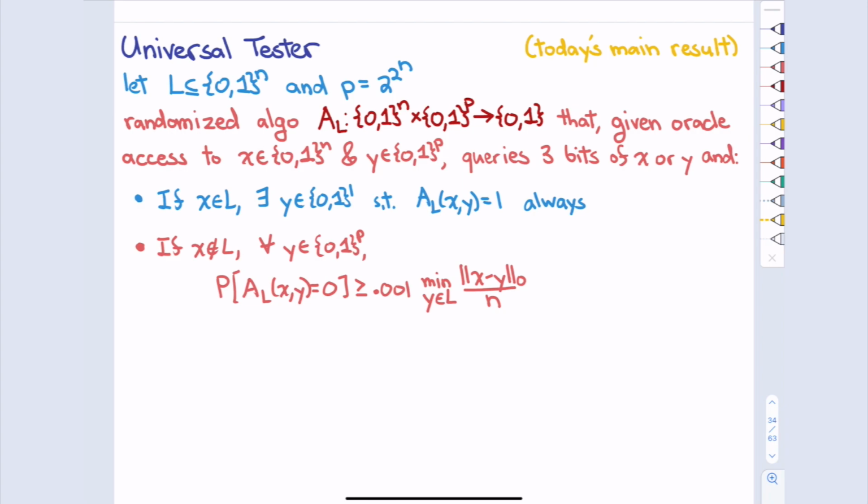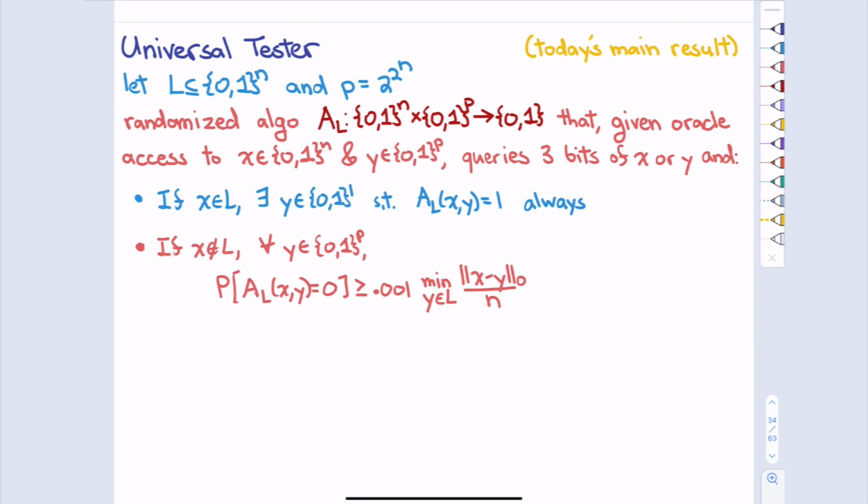It's only going to look at 3 bits. If x is in the language, it'll always answer yes. If x is not in the language, then for any proof string, it's going to say no with some odds proportional to the distance from x to the nearest point that's actually in the language.